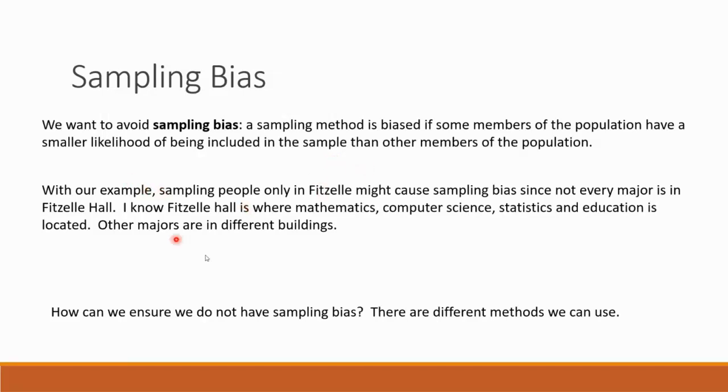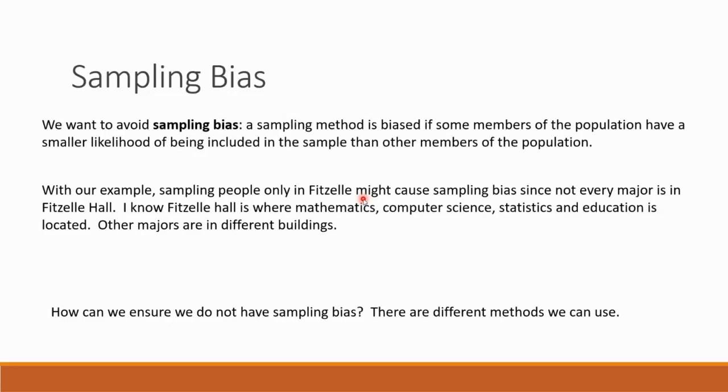For instance, if you were only going to include people that have a class in Fitzelle, well, that would have sampling bias because not everyone has a class in Fitzelle. People that have a class in Fitzelle would be more likely to be included in our experiment. So we want to make sure we don't have sampling bias.